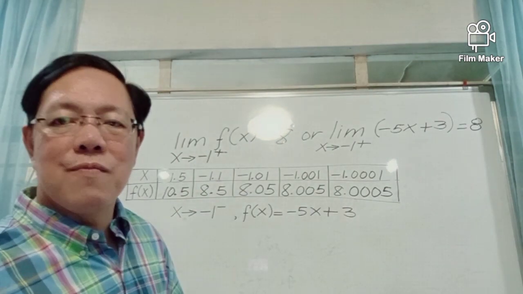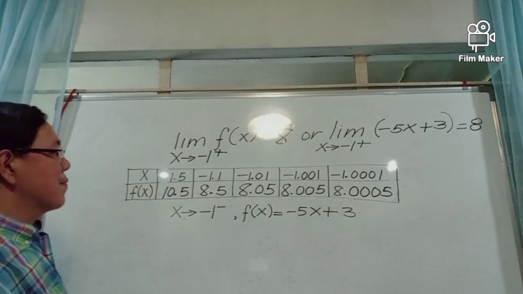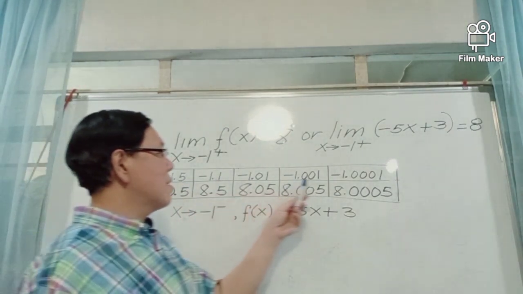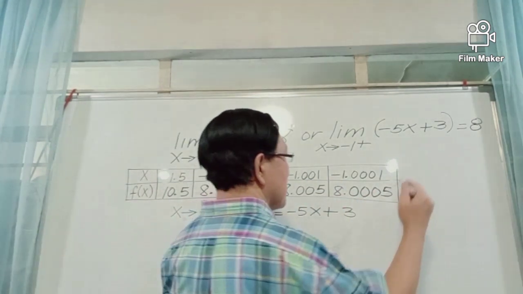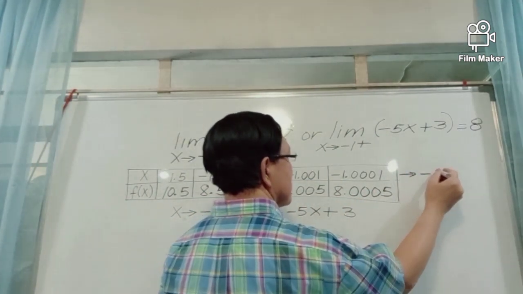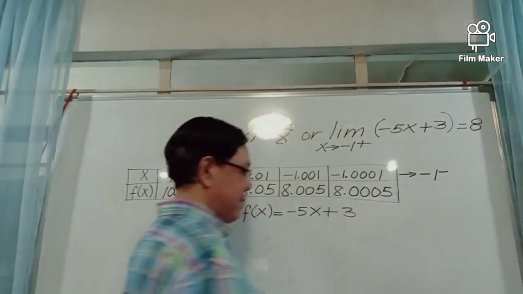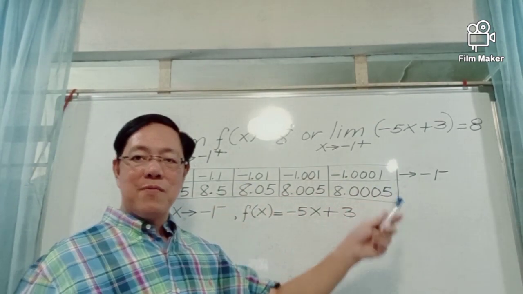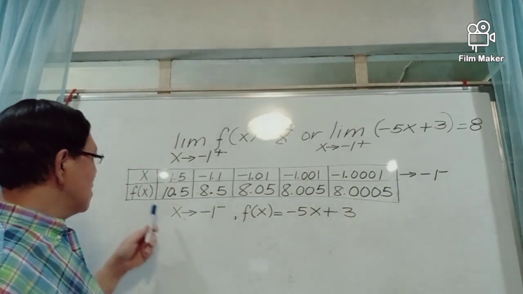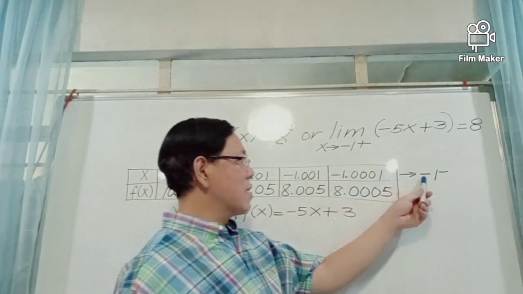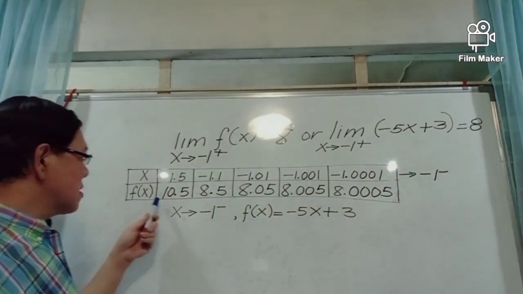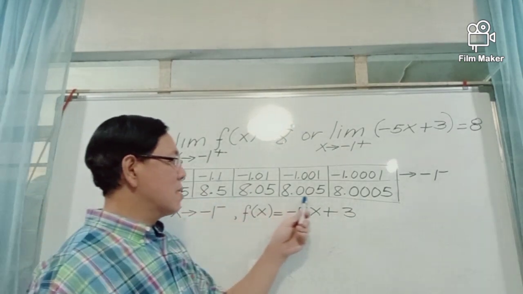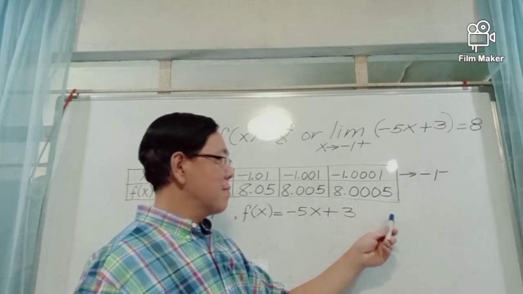By inspection of this table, we can see that as x approaches negative 1, the values of x are approaching negative 1 from the left, because all these values of x are numbers to the left of negative 1. As x approaches negative 1 from the left, you can see that the values of the function f are approaching a certain number.